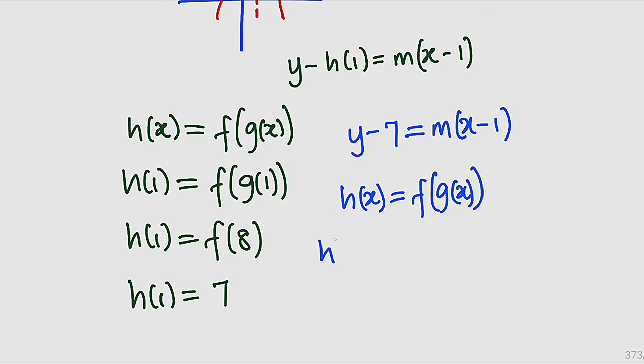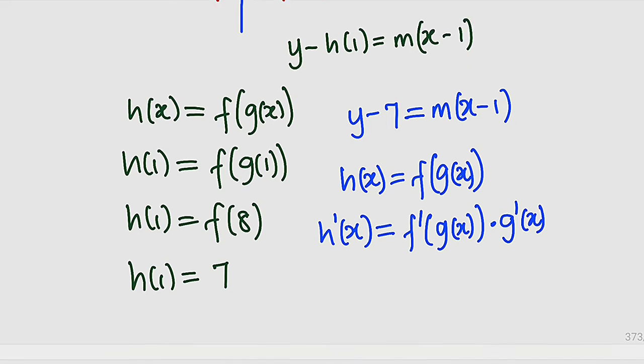So what is h prime of x, which is dh over dx? You see, this is a composite function, therefore we are going to apply the chain rule. First of all, we differentiate the external function, that is f, keeping the inner function as it is. Then we multiply by the derivative of the inner function, which is g prime of x.